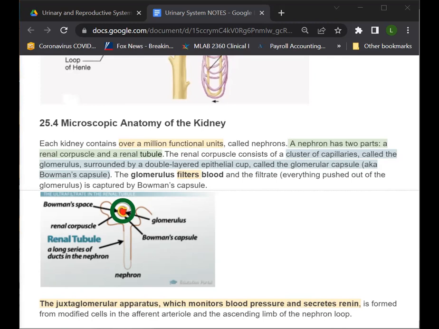Okay. Then the rest of the nephron is supposed to be part of the renal tubule. Okay.